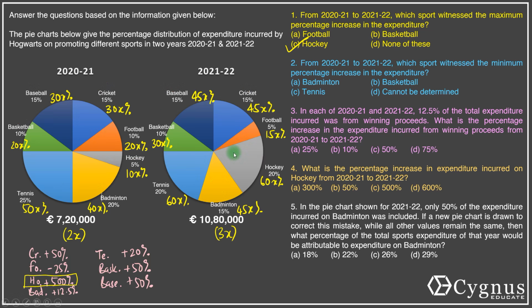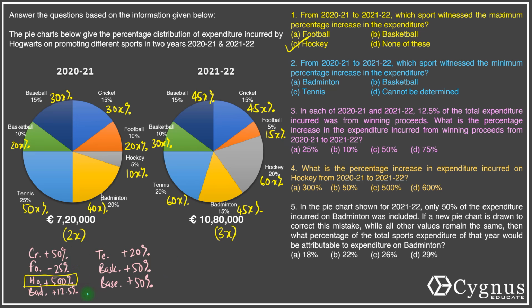From 2020-21 to 2021-22, which sport witnessed the minimum percentage increase in the expenditure? Now, we've already calculated the values. 50%, minus 25%, 500%, 12.5%, 20%, 50%, 50%.